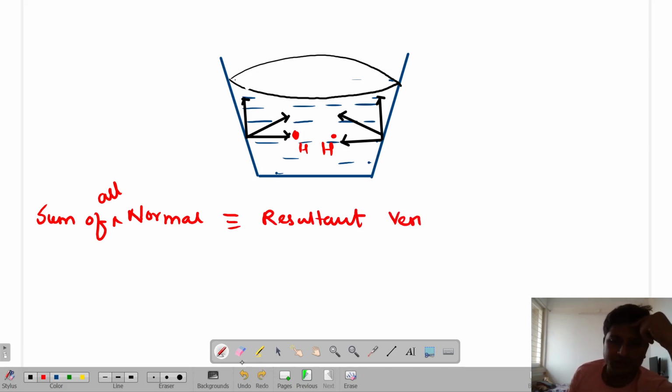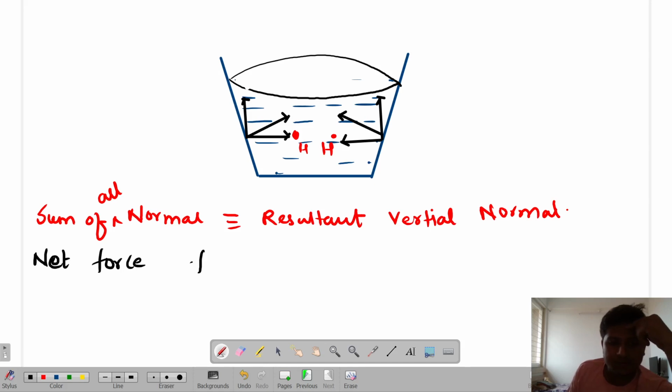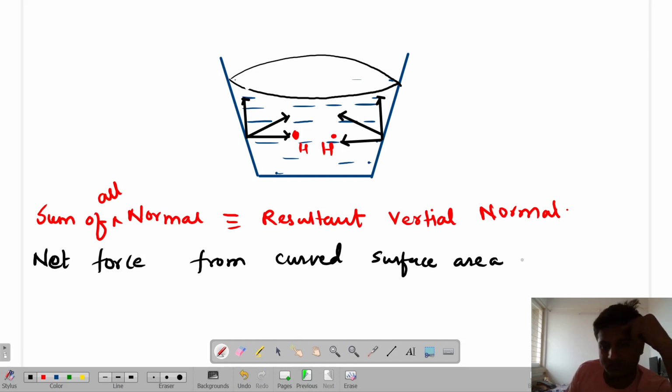And that is why we consider that the net force from the curved surface area of any frustum is in the upward direction.